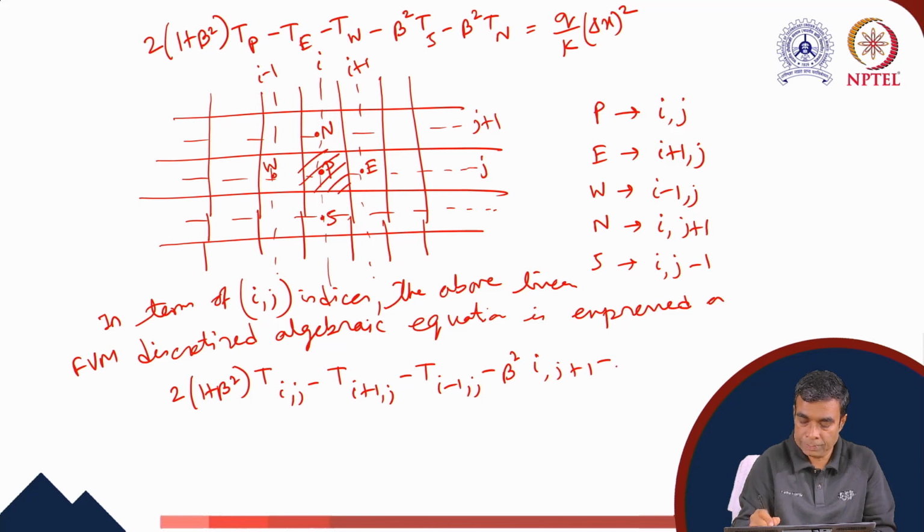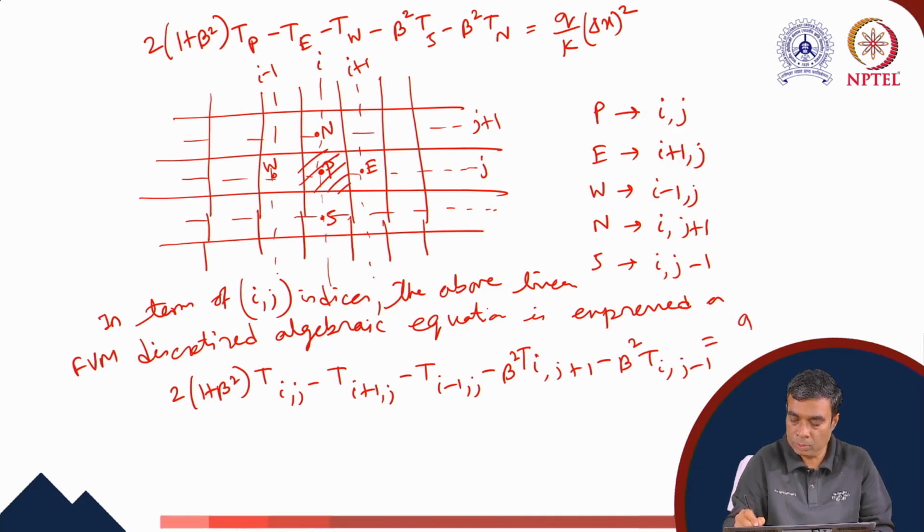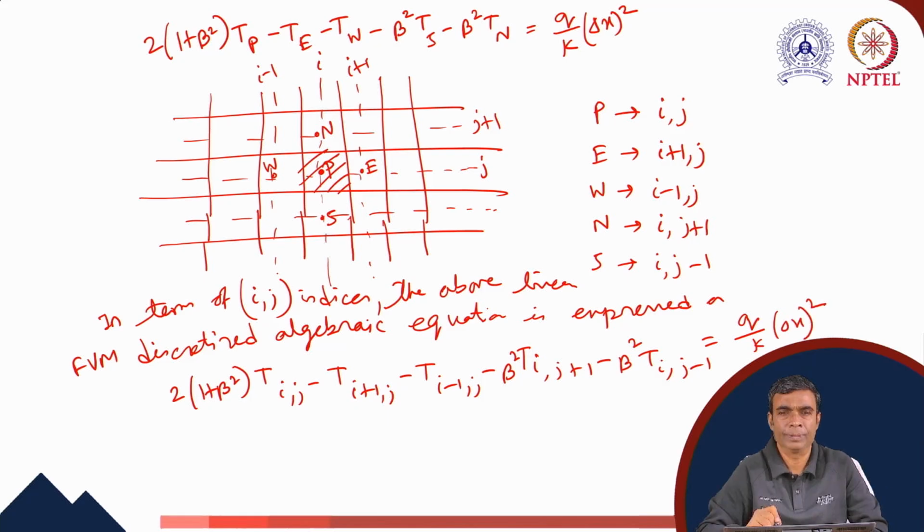This is for north, and then for the south we have beta square T i comma j minus 1 equals to Q by K into delta x whole square. So this expression is exactly the same as we have obtained using the finite difference approximation.